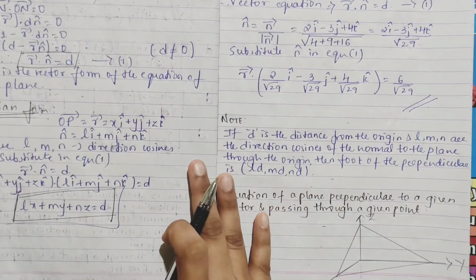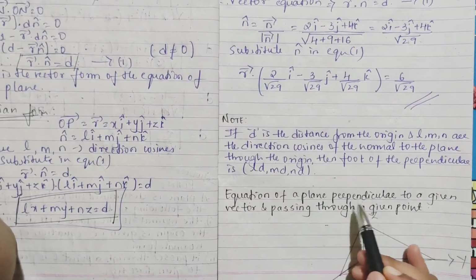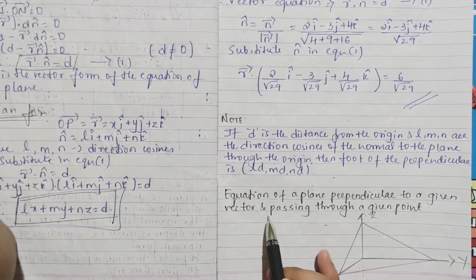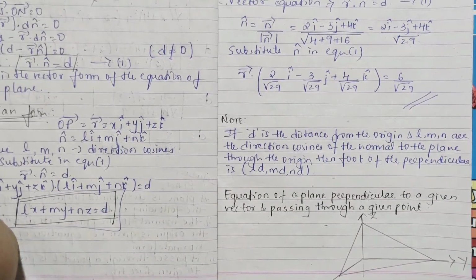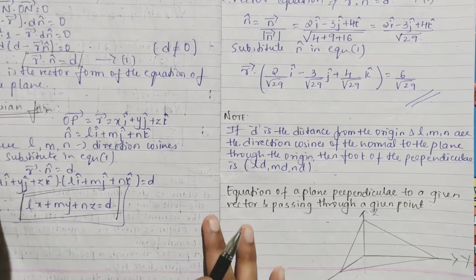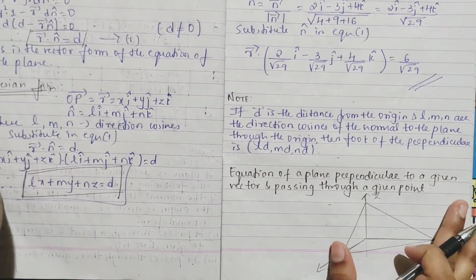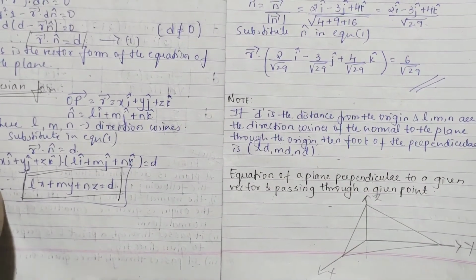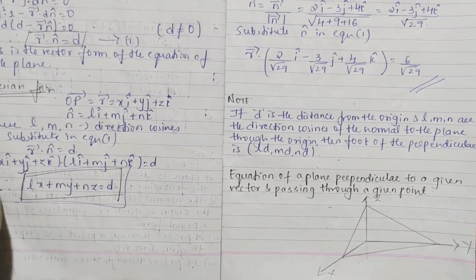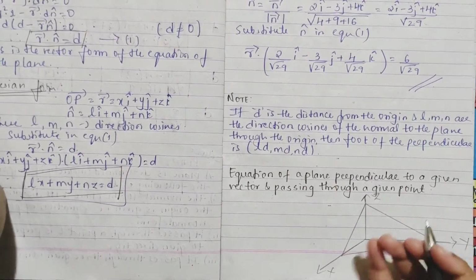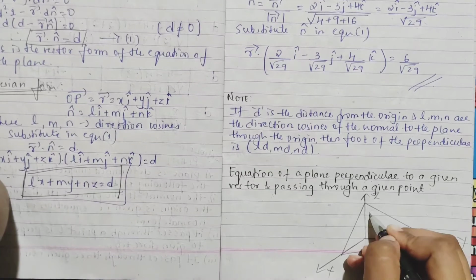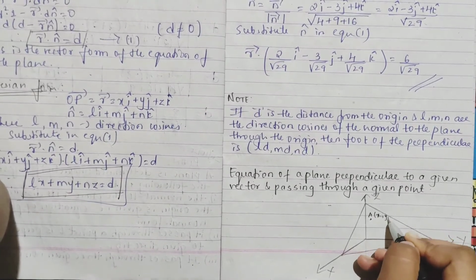So we are taking the next part, equation of a plane perpendicular to a given vector and passing through a given point. So I have drawn a plane. In this plane we need any point. Suppose I have taken a point A (x1, y1, z1).